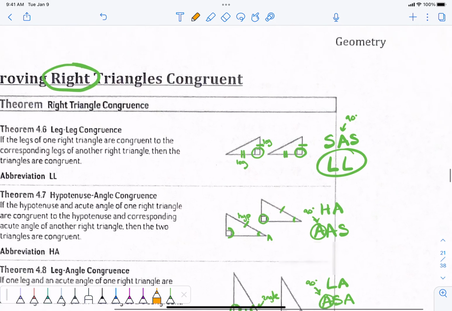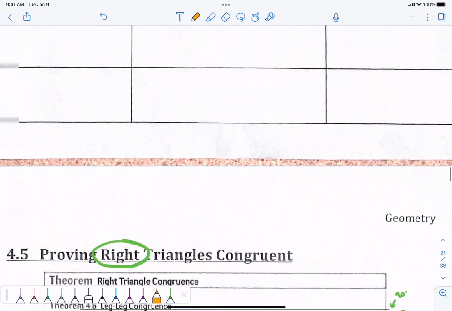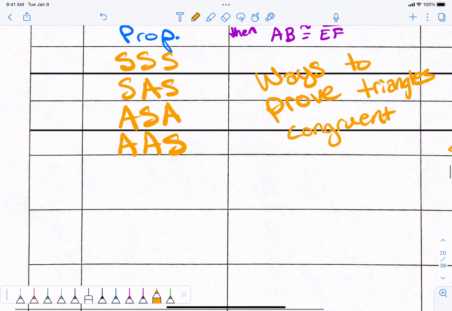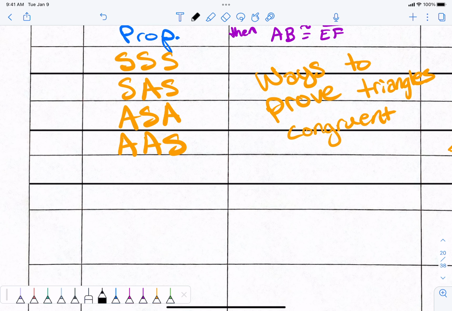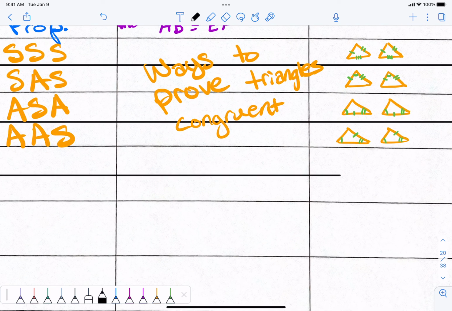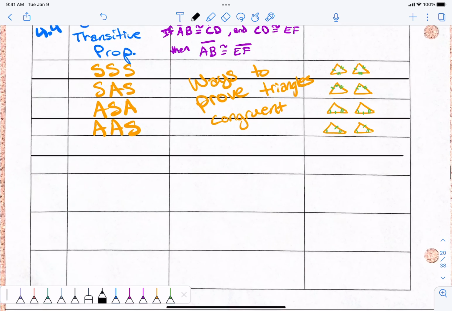Okay, so let's go write those on our blue sheet since we already have our blue sheet out. And let's go leg, leg first. Okay, we'll split these in half again. Can we split them in half again? I only have one box. Do you have the backside? No. You only have one box left? She probably didn't split in half. Let me see if I have another one. You can staple them together.